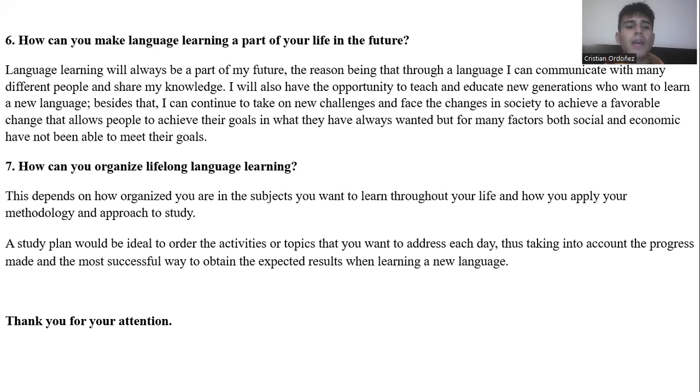A study plan would be ideal to order the activities or topics that you want to address each day, taking into account the progress made, as the most successful way to obtain expected results when learning a new language.